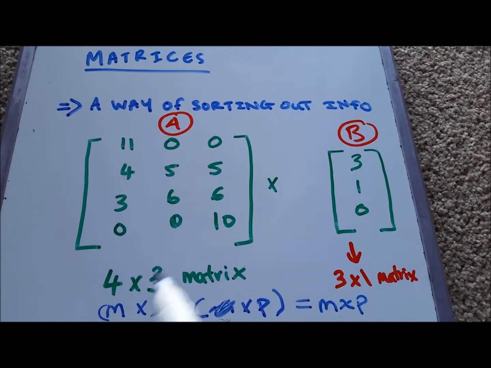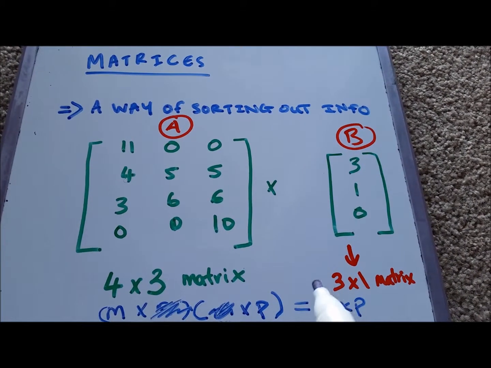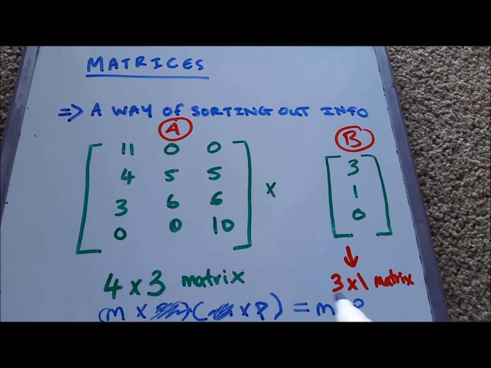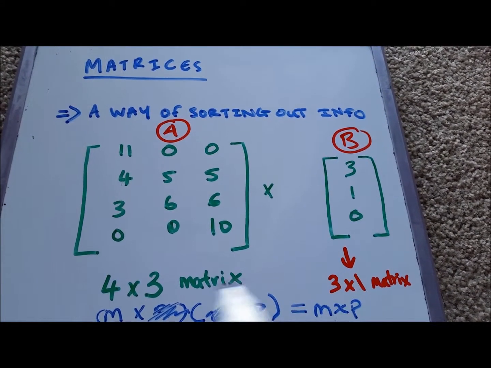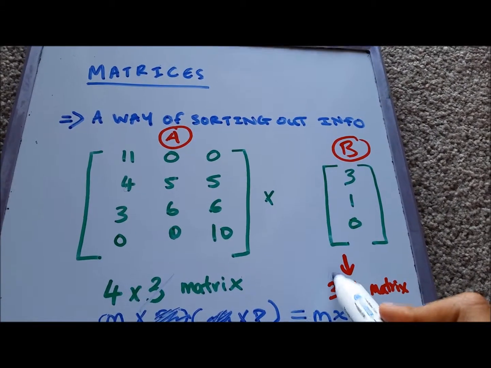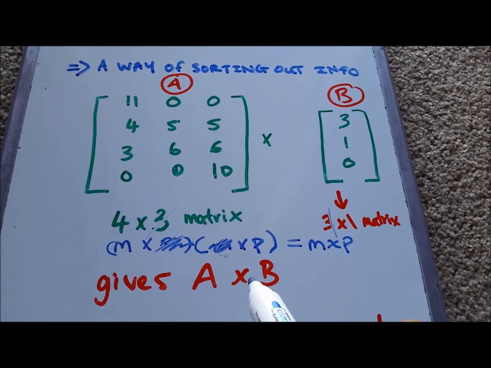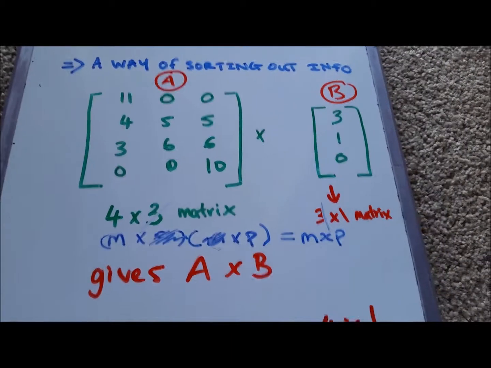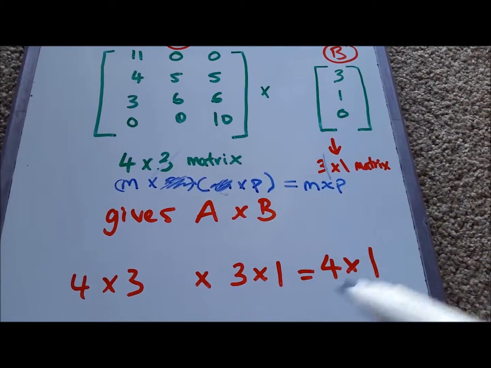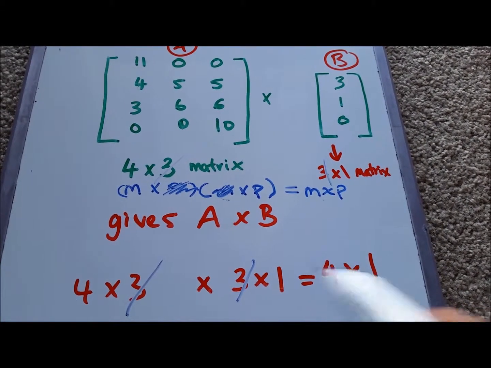In this case, our M would be the 4, our N is 3, our N again is 3, and our P is 1. So we're going to cross out the N's, which are the 3's. We're not going to include that in our answer. So when you have A times B, we're going to end up with these 2 being crossed out, and we're going to have 4 times 1.